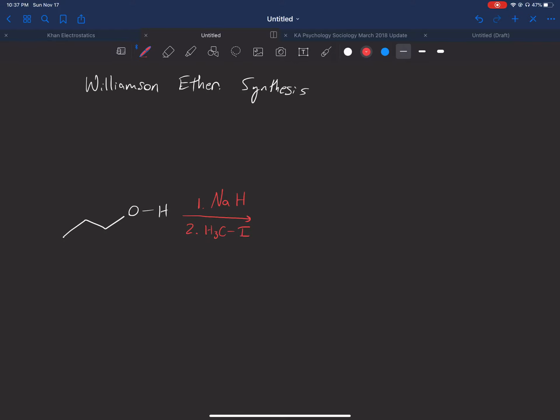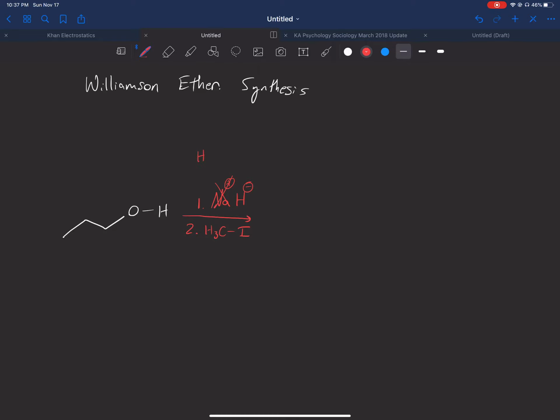Let's take a look at it step by step. When we use NaH, remember these are separate steps. You have to write 1 and 2. If you wrote it all together on a synthesis question, they would take points off. In the first step, we have Na and H. Na gets the plus, and we have H minus.